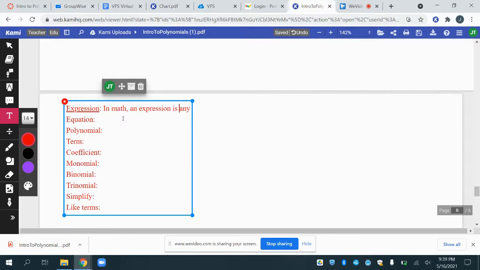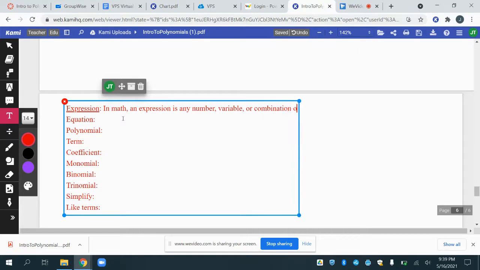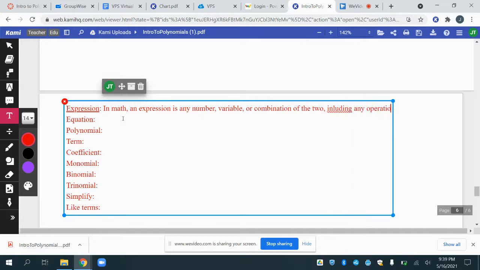Expression: in math, an expression is any number, variable, or combination of the two, including any operations. When we say operations, that's adding or subtracting.